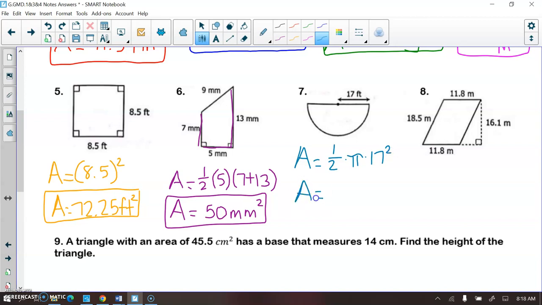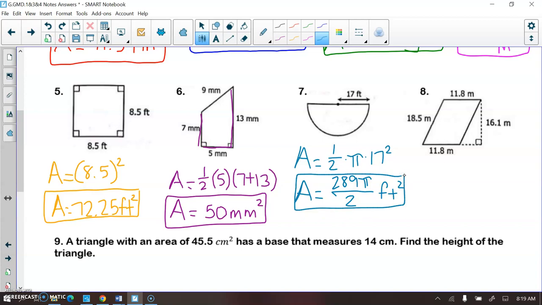So let's do the 17 squared first, and then I wind up with a 289. I'm going to tack on the pi, and then times a 1/2, we can write it all over 2. And that's feet squared. So that's my area.